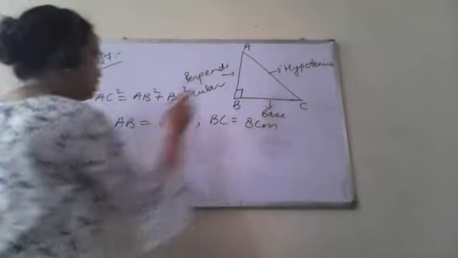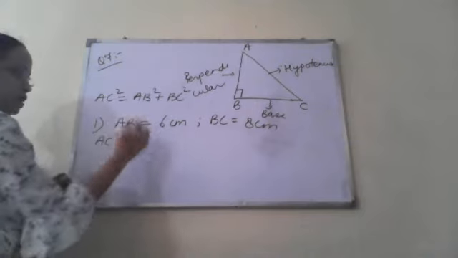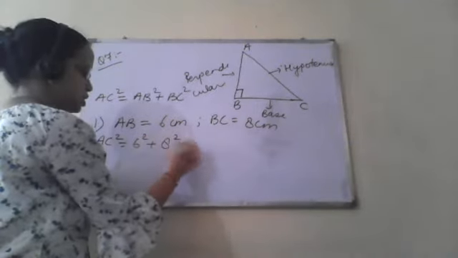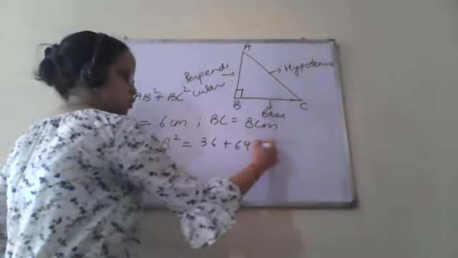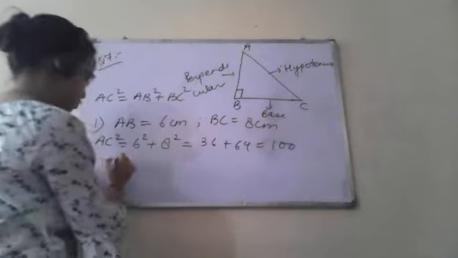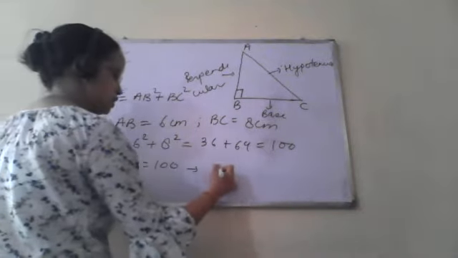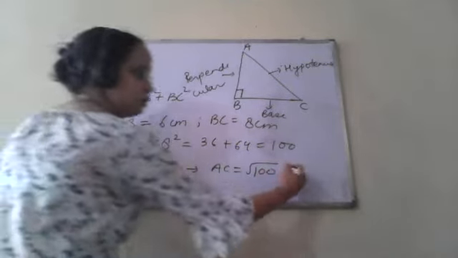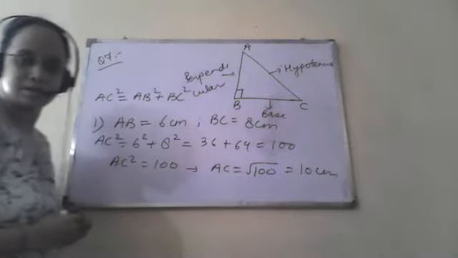So we have to find AC square. AC square is AB square, that is 6 square, plus this 8 square. So 6 square is 36 and 8 square is 64. So it comes out to be 100. So AC square is 100. So AC will be square root of 100, and you calculate, it will come 10 centimeter. So the value of AC is 10 centimeter.